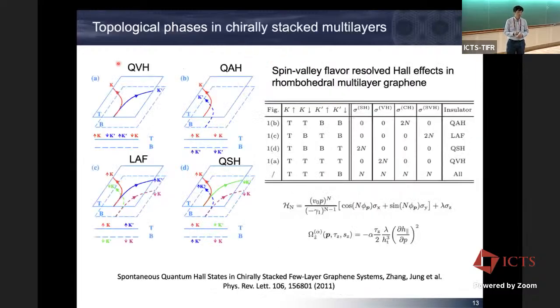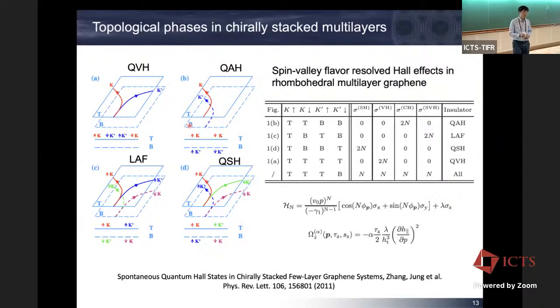So this is again the same representation, but also applicable for rhombohedral multilayer graphene, where these four spin-valley flavors, in this case, are polarized completely to the top layer. And we get the quantum valley Hall phase, whereas these three phases are the charge-balanced configurations.